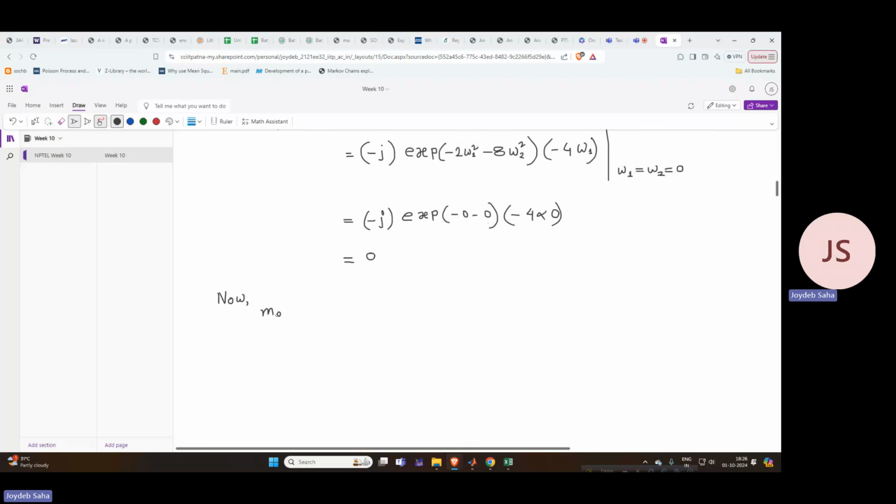So we will calculate M01, which is the expectation of y.